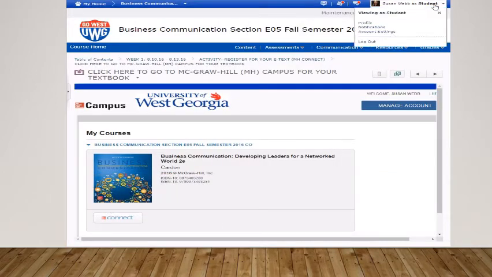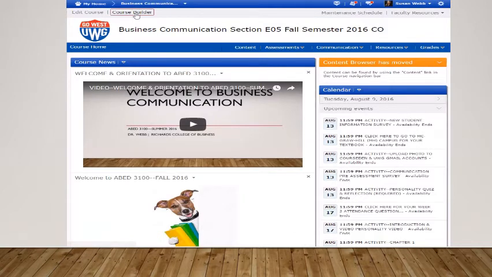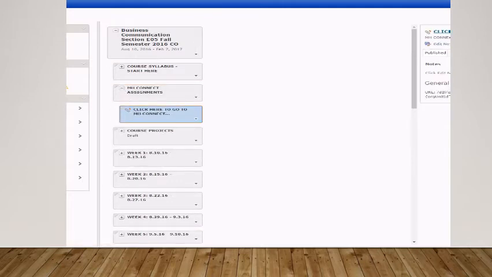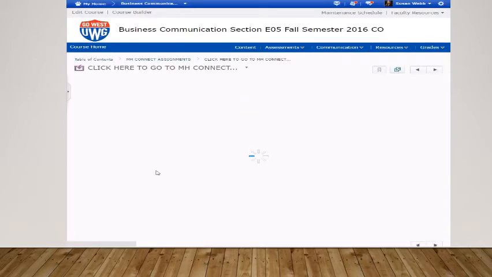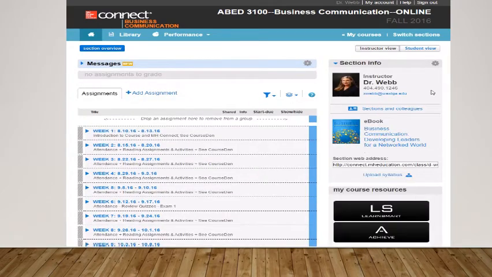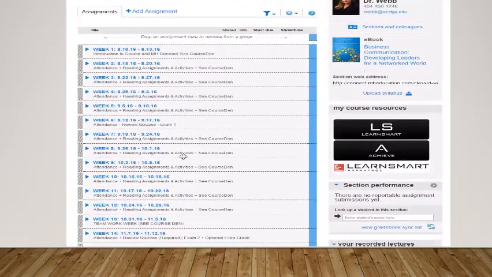I'm going to click out as a student so you can see what CourseDen or MH Connect actually looks like, because as a professor, I can actually go in and show you what it looks like. So I'm going to go in, take a look here, click into my Connect, and you will literally see our section, my name and number, our book, and each of the weeks listed.